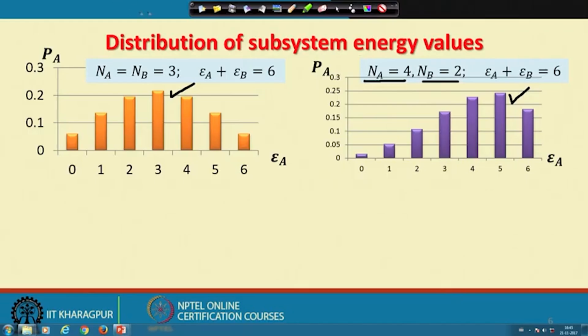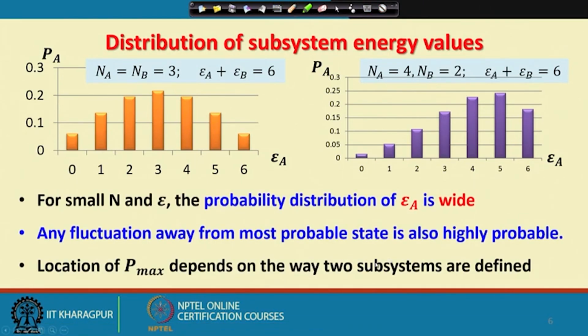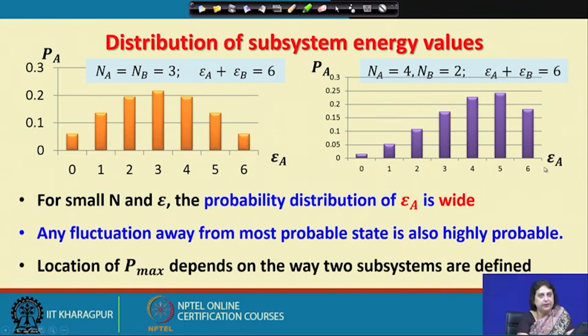But before going into that, let us now make the essential observations from this kind of picture first. If I have a small value of n and a small finite value of epsilon, as in these two cases, the probability distribution of epsilon A is fairly wide. As you see that there is non-zero probability associated with all the possible values of epsilon A. And therefore, we conclude that any fluctuation away from the most probable state is also highly probable.